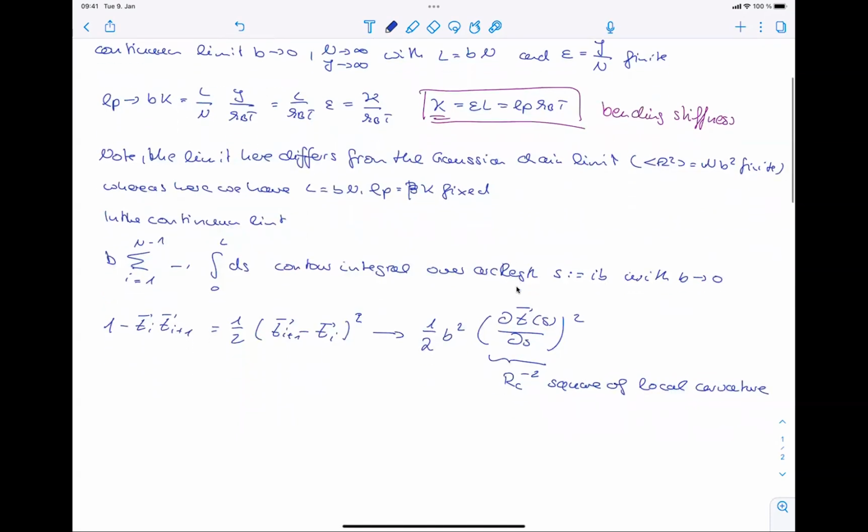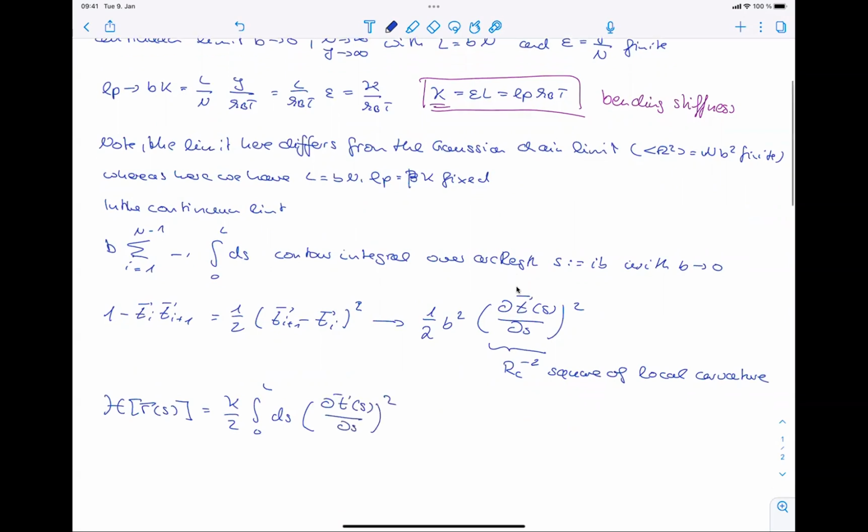And then our Hamiltonian that depends on the position of our curve in space is a half kappa integral from 0 to L ds of dT over ds squared.